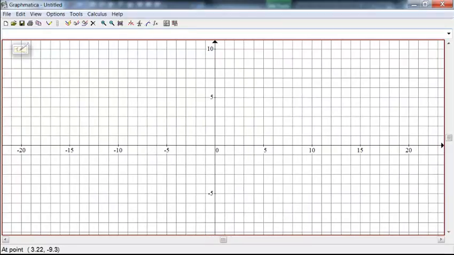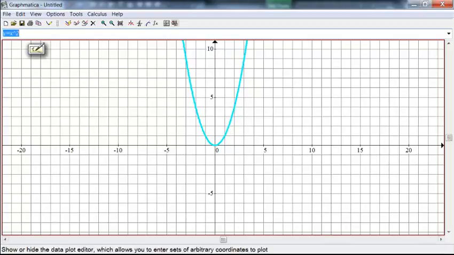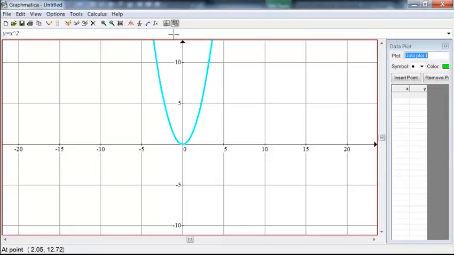Okay, and let's just start with something easy like y equals x squared. A nice parabola there. Okay, and let's take a point on there. Let's say 2, 4. So there's a table of a bunch of values. Here's one of them, 2, 4.